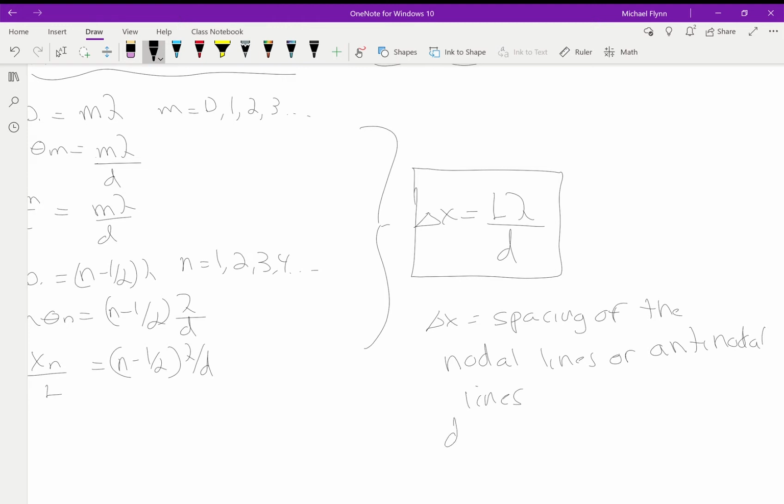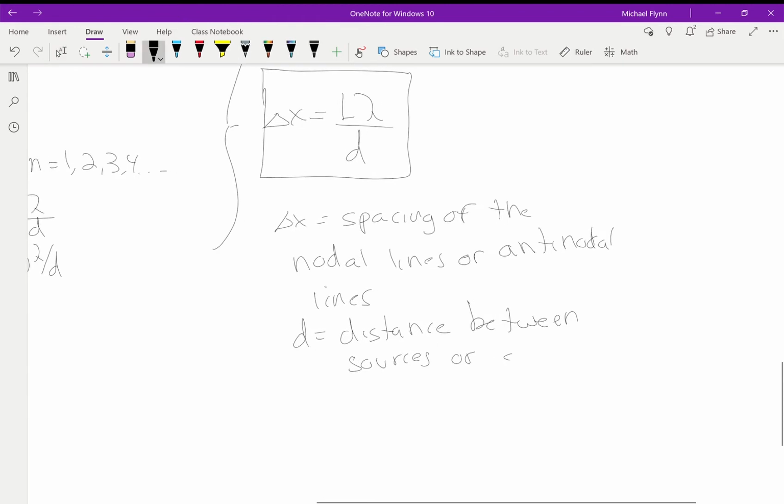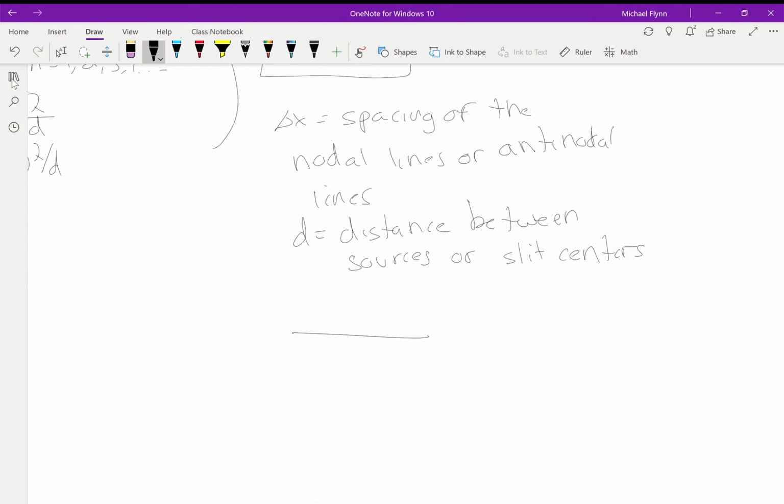So I'll just say it here: d equals the distance between sources, or in the case of double slit interference, the centers of the two slits. What I mean is, if you have a wall like this, and here's another wall, this is sort of a top view, and here you have a third wall over here.